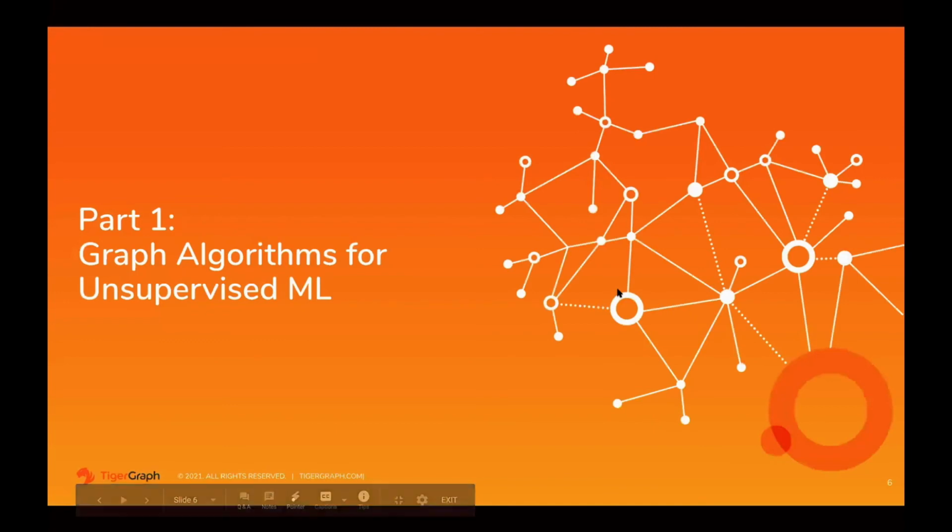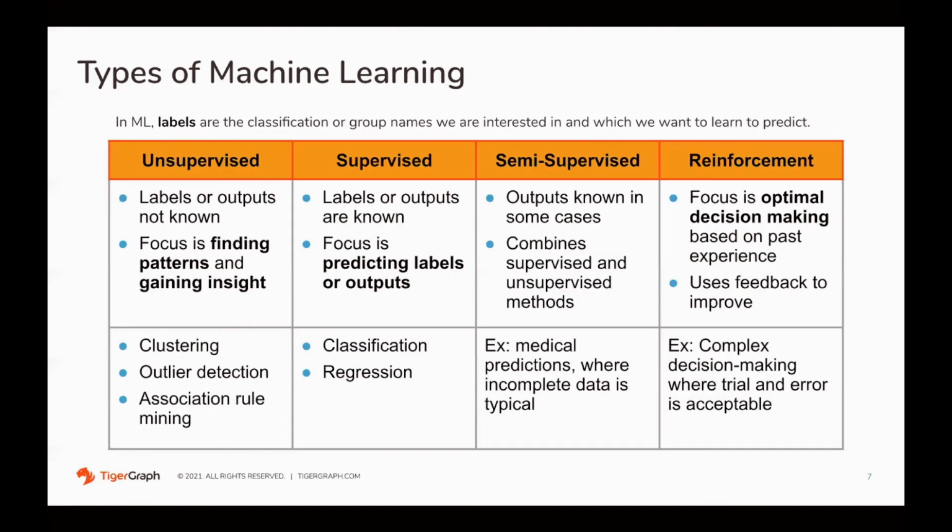So I'm going to get into part one, graph algorithms for unsupervised machine learning. There are several types of machine learning, and we're going to be focusing today on the two basic types, unsupervised and supervised. And the key difference is whether it uses labels or not.